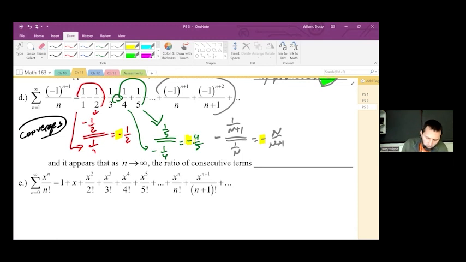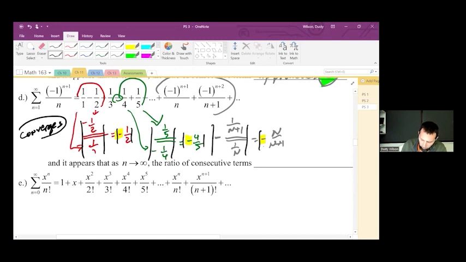And so as far as our ratios are concerned, we care about the absolute value. And so in absolute value, notice our terms will always be positive. And so it appears that this negative n over n plus 1 in absolute value is also approaching 1.